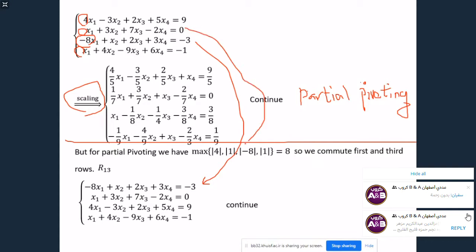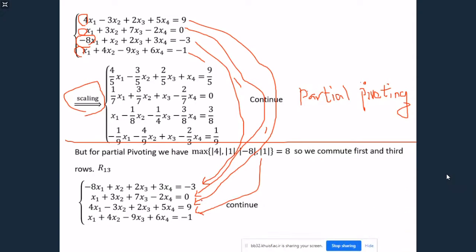The second row is the same. The third row is the first one in the previous, and the last one is the same. I want you to do that again and continue.